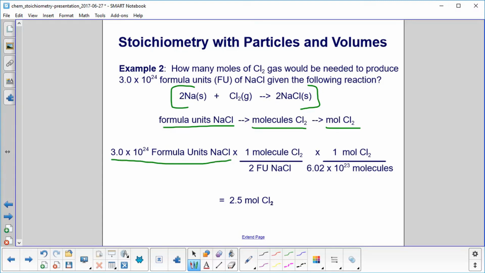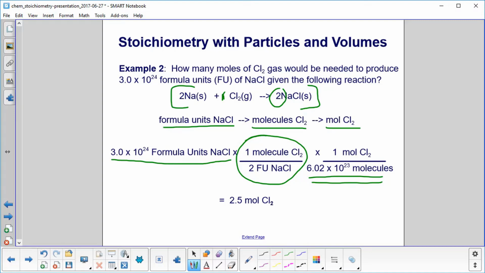That's what we're given. Now we know that 1 molecule of chlorine, and I'll put the 1 here again, equals 2 formula units of sodium chloride. So that's this term here. Then once we have the mole, we have 1 mole of chlorine is 6.02 times 10 to the 23rd molecules.